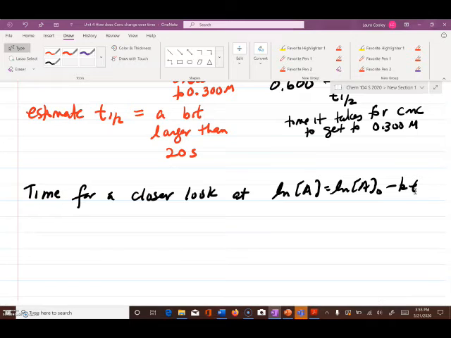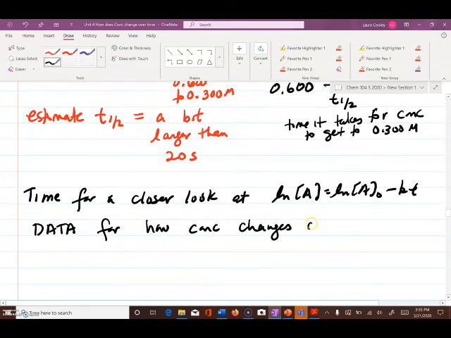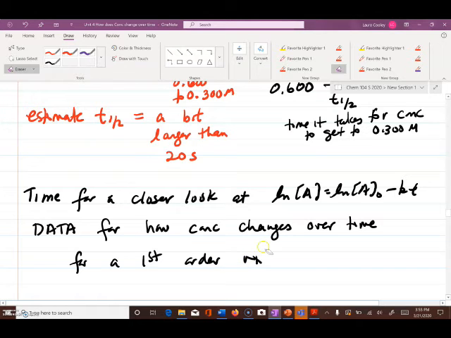So if we were able to take data for how the concentration changes during a chemical reaction, and if that reaction was first order, so if we were able to take data for how concentration changes over time for a first order reaction, because remember, this equation is only valid for a first order reaction.